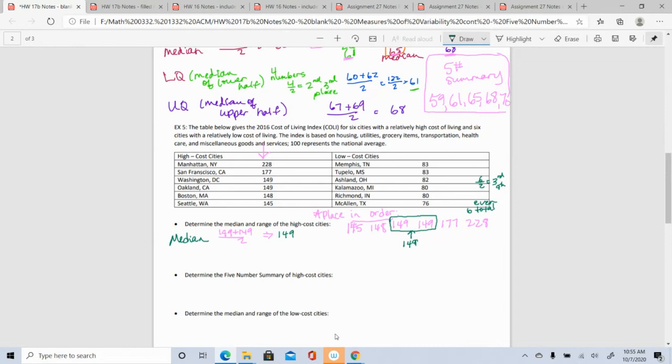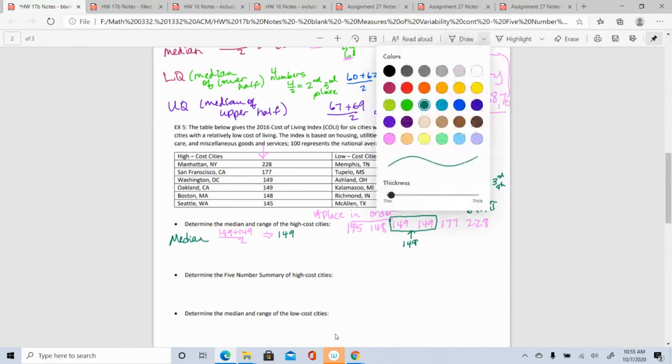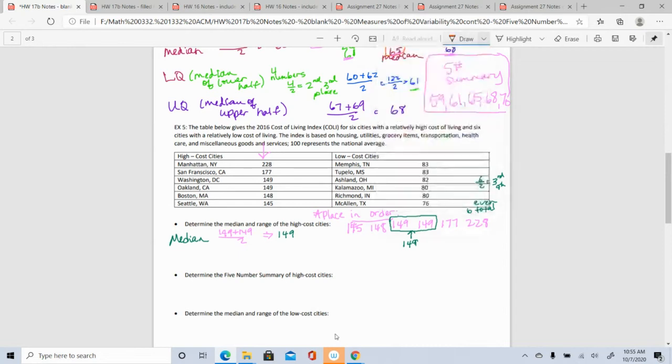But what about range? We haven't talked about that today. We already have talked about it. But what do I do for range? Y'all remember? Subtract the lowest number from the biggest number. Yes.